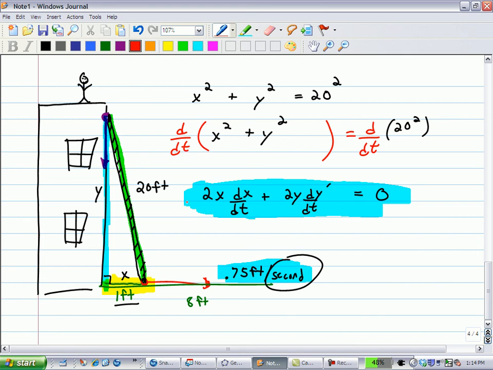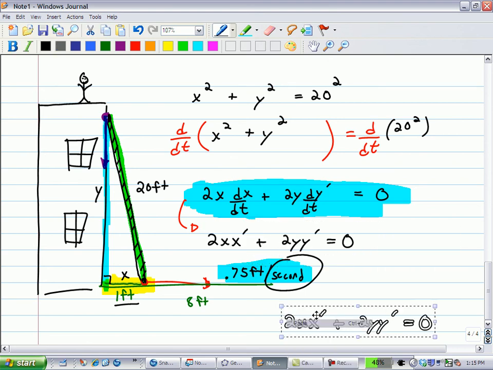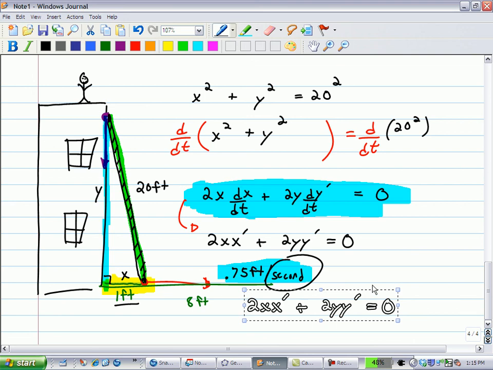I could have written it like this, or as, this is probably more student friendly, 2x x prime plus 2y y prime equals 0. So we'll work with that one. You guys said 0.75 goes in for x prime.